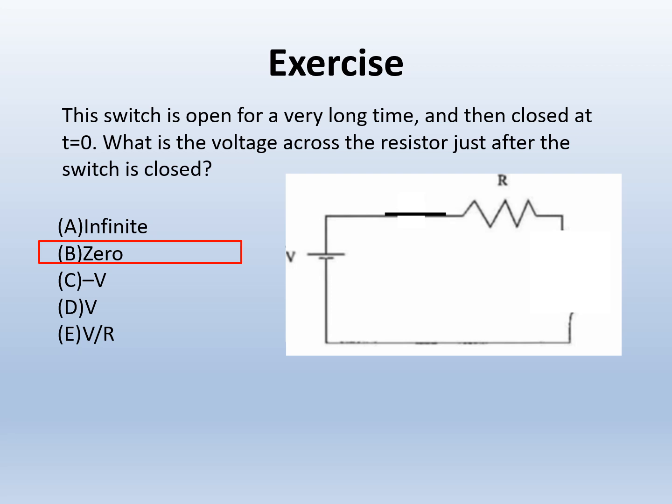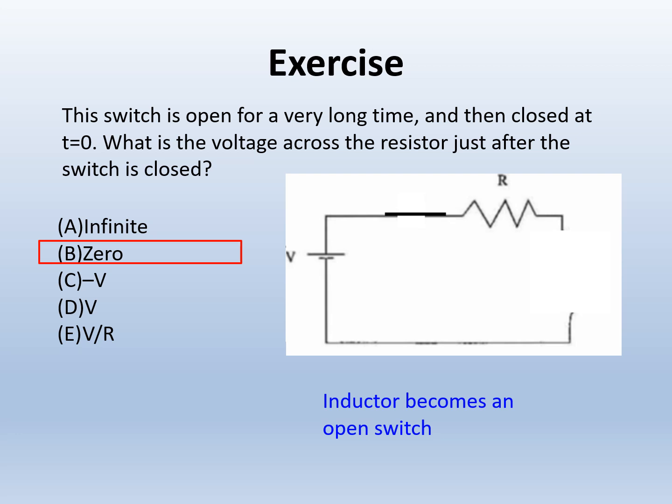And when the current through the loop stops, there will be no current passing through the resistance either. And when there is no current passing through the resistor, it cannot have a potential difference, because for a resistor to have a potential difference, it has to have a current passing through, and that comes from Ohm's law.